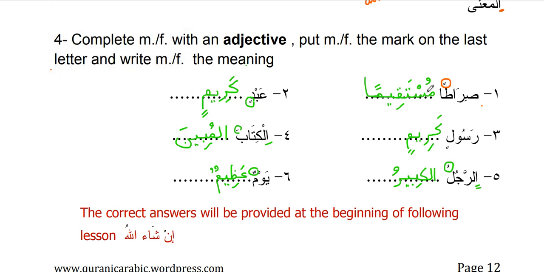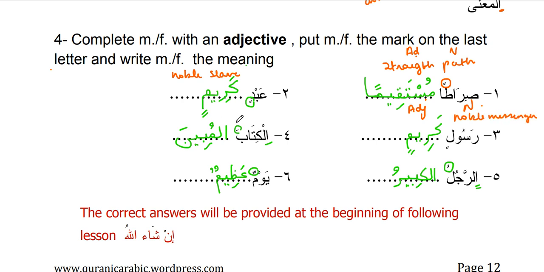Siratun mustaqimun, straight path, right? And when I translate it into English, you can see the adjective is coming first and then the noun. But in Arabic, the noun first and then the adjective. Then abdin karimin, noble slave. Then rasulun karimun, noble messenger.